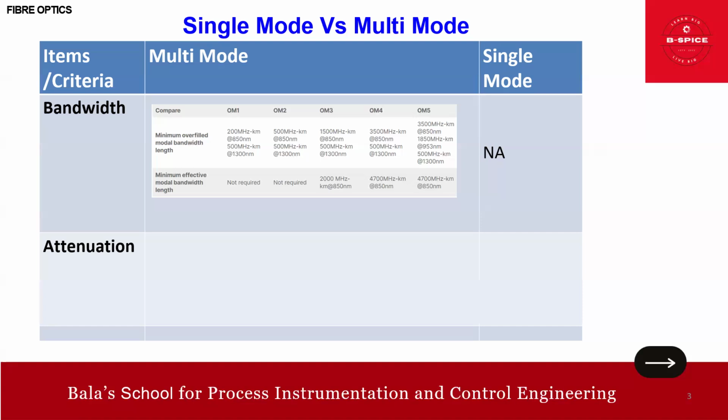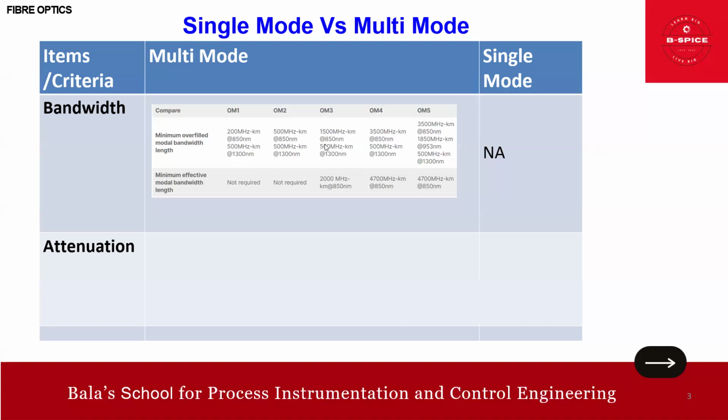So when we compare multi-mode, you see here the minimum overfill modal bandwidth length and the minimum effective modal bandwidth length. For OM1, it is 200 megahertz per kilometer at 850 nanometer, and 500 megahertz at 1300. For OM2, it differs: 500 at 850, 500 at 1300, a little bit higher.